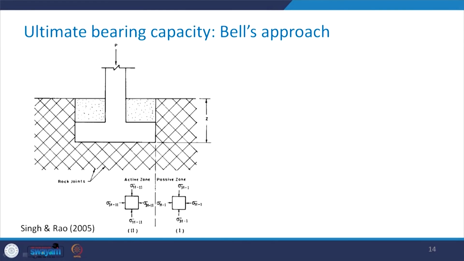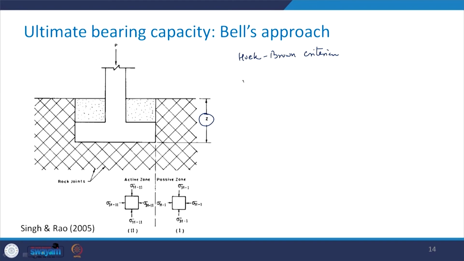Till now the rock mass was following the Mohr Coulomb failure criteria, but let us say that it follows the Hoek and Brown criteria. Then what you will do? And in this case, say it has this overburden which will be equal to gamma into z.